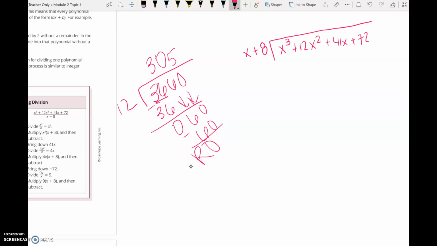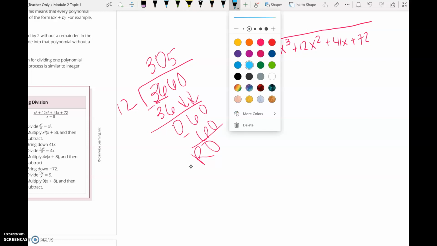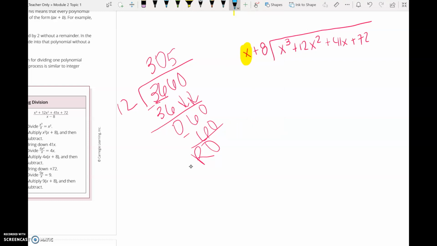So I'm going to really focus on x. I'm going to ask myself, how many times can x go into x cubed? Another way to think about that would be, well, what times x would make x cubed? X squared, right? So x squared. Okay, I'm going to keep everything really organized, so I'm going to put x squared up here.